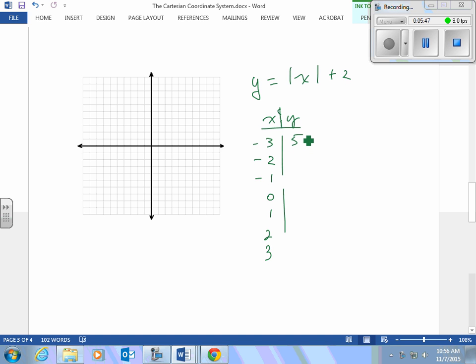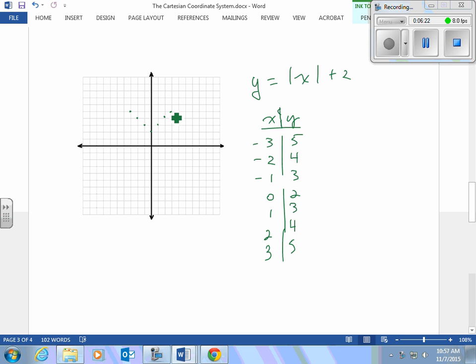The absolute value of -2 is 2, plus 2 gives me 4, and so on, continuing 3, 4, and 5. Now I've got these ordered pairs, so I can plot them to figure out what this relationship looks like: the points -3, 5, -2, 4, -1, 3, 0, 2, and then 3, 4, 5 again.